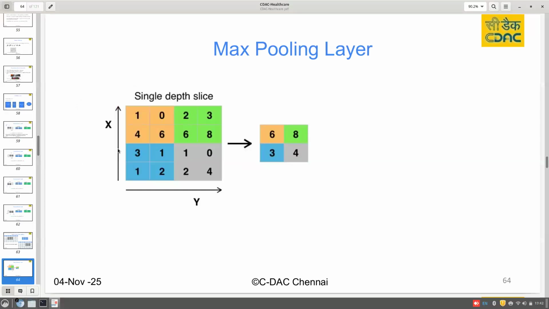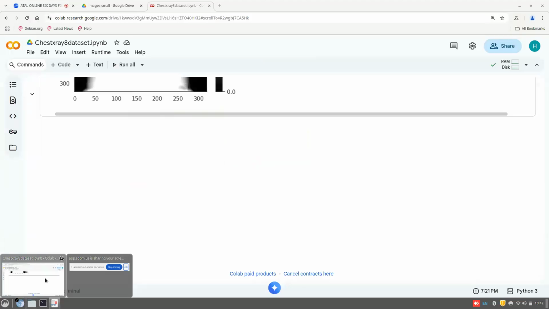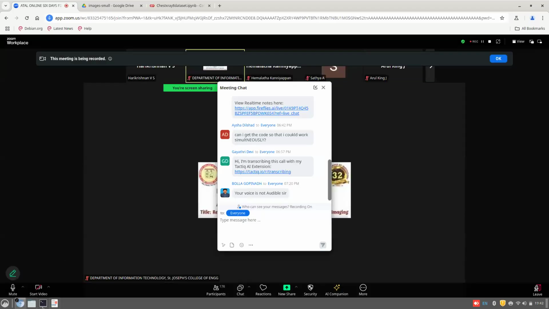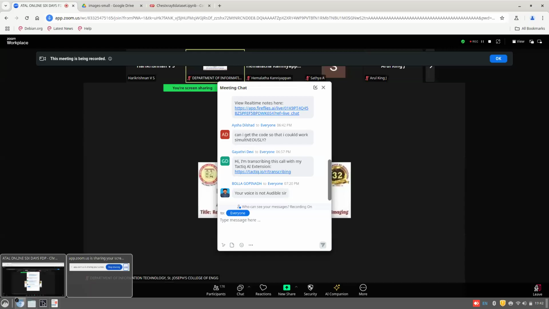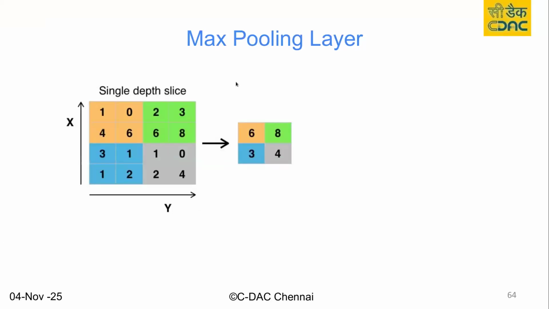Out of that, 6 is the largest value. In the max pooling layer I have 1, 0, 4, 6, so the maximum is 6. Then out of this 2 cross 2, 2, 3, 6, 8, the maximum value is 8.